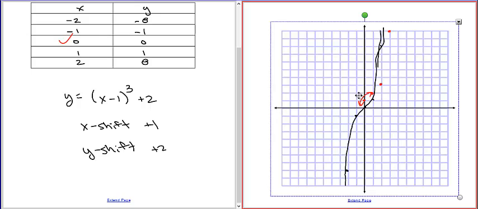Then you go left 2 and down 8. So you'd have 5 points. And then you could draw those in once you have those 5 points, and you have your original parent function and your transformed function.